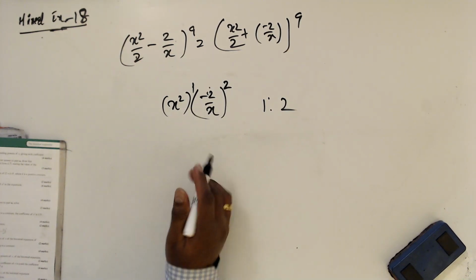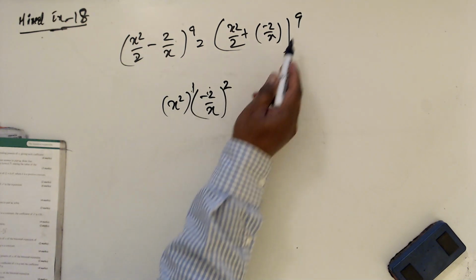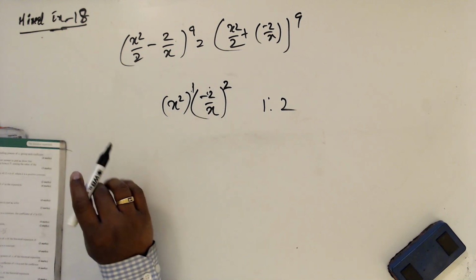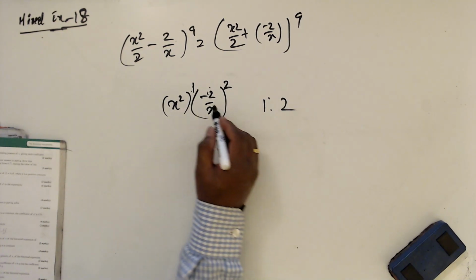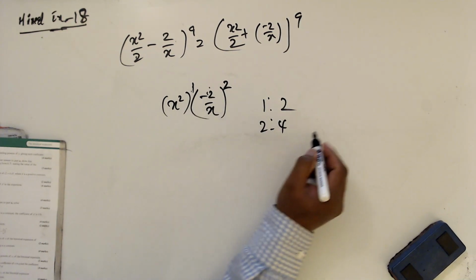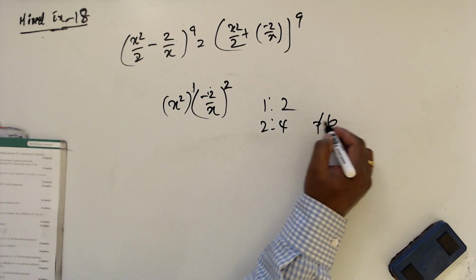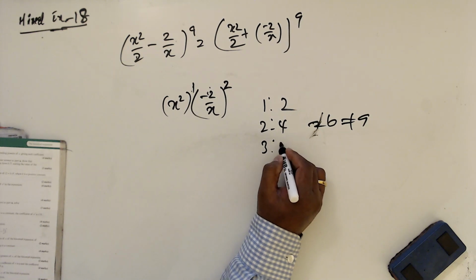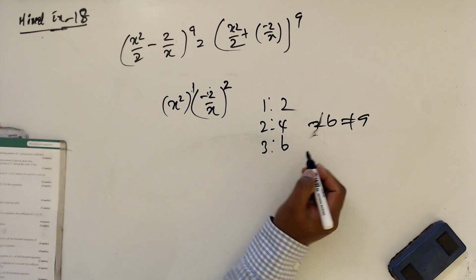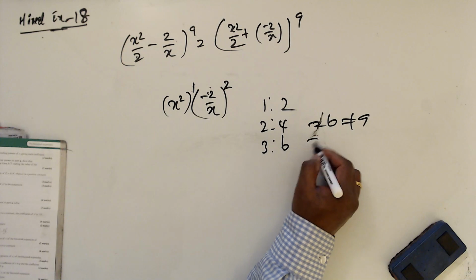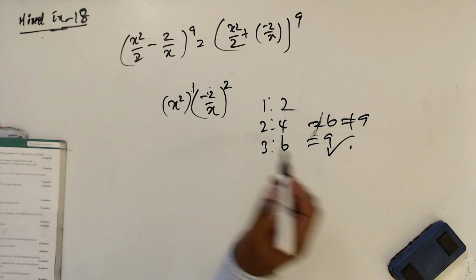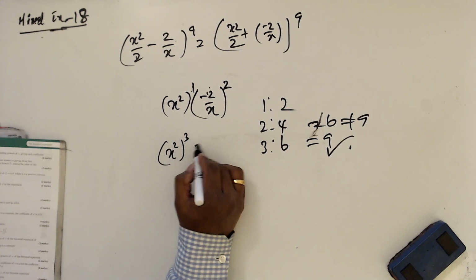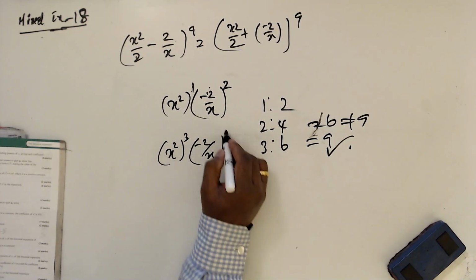Now, 1 plus 2 is not 9, because the two powers added should be 9. So we'll go for a different one. 2 to 4, it is 6, not equal to 9. How about 3 to 6? Yeah, that is equal to 9. That is right. It means we need the x square term to the power 3 and the minus 2 over x term to the power 6.